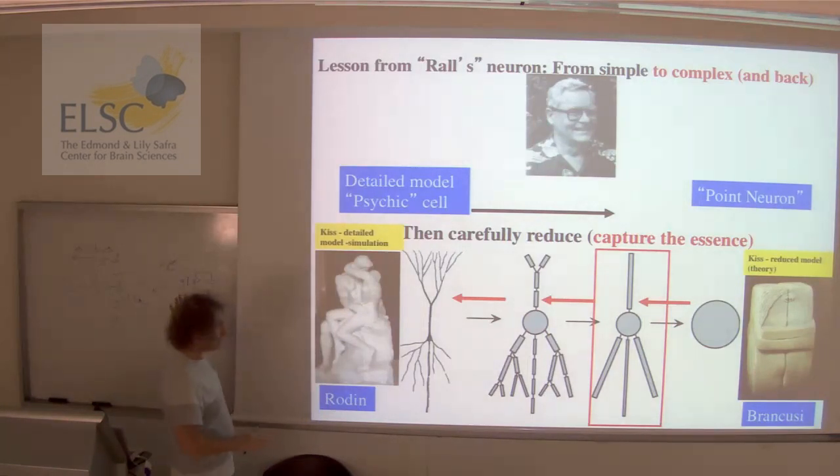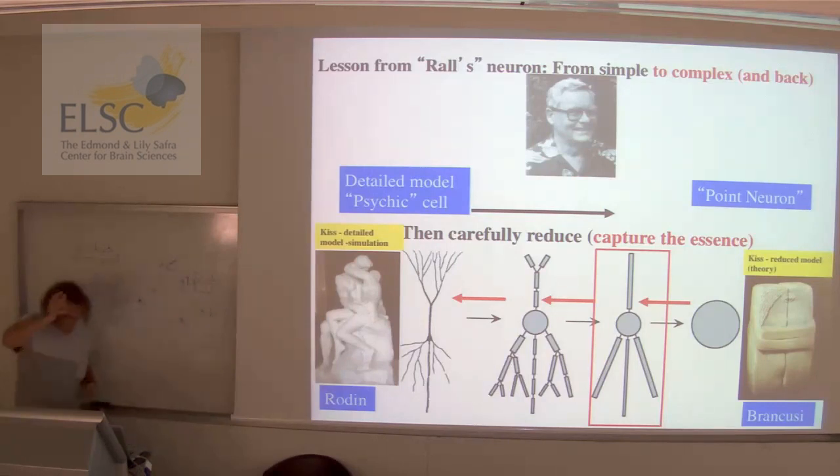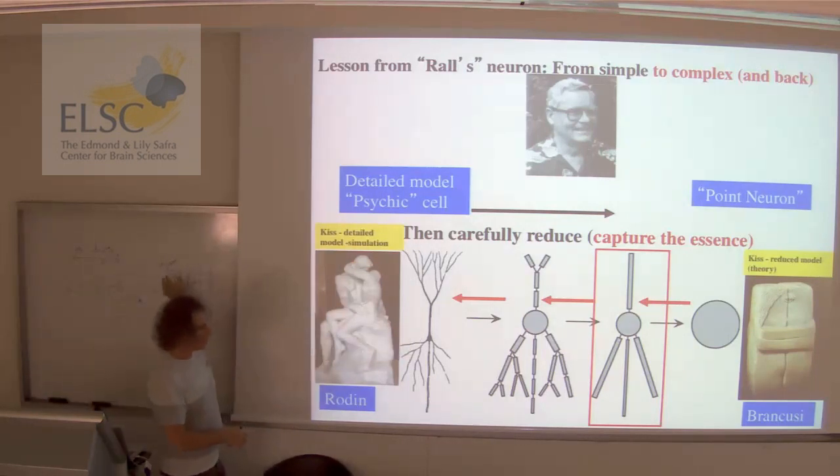I just wanted to impress on you that the cell is not really something that you should consider as a tree outside. The tree outside is not an electrical creature, but this is an electrical creature, and it depends on the electrical activity.